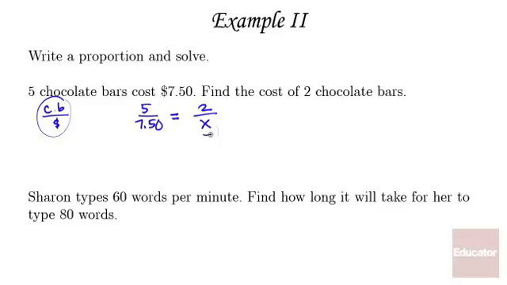So I'm going to multiply this, and that's going to be 5x. And again, if you're multiplying number times variable, then you can just put it together like that, equals 750 times 2. Okay, 750 times 2.